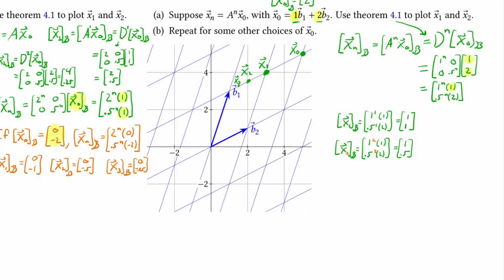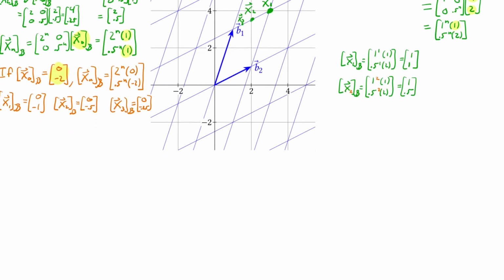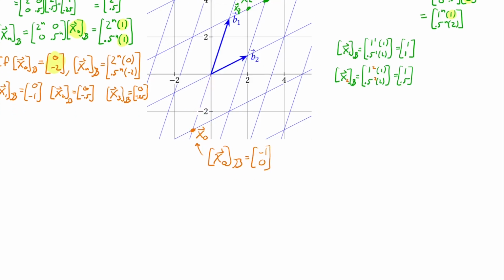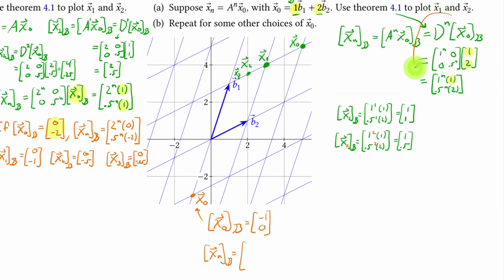So let's do the same thing with some other choices of x0. Like, what if you just start at a multiple of b1? So if that's your x0 there, the B coordinates of that are -1 and 0, because it's -1b1 plus 0b2. And you can see what's going to happen as you multiply this by powers of A. The same principle over here applies.